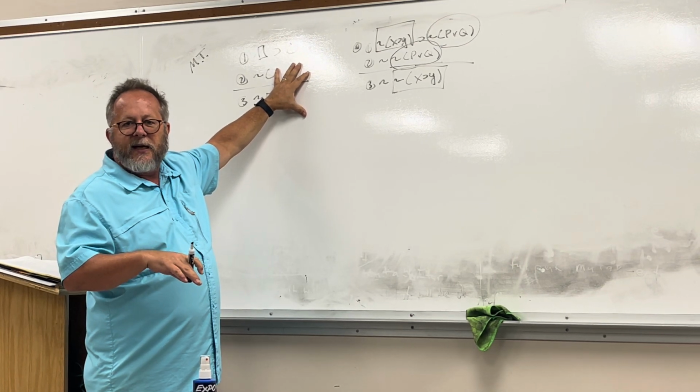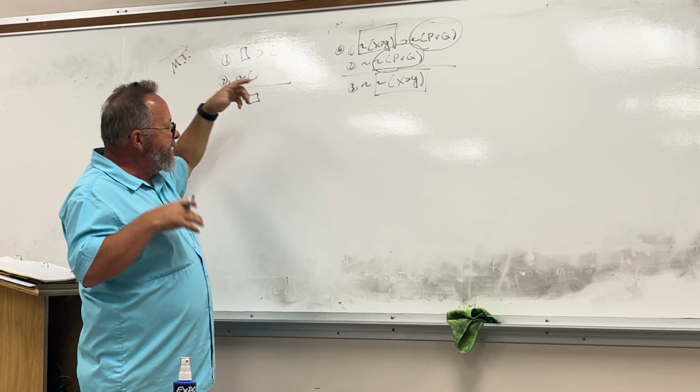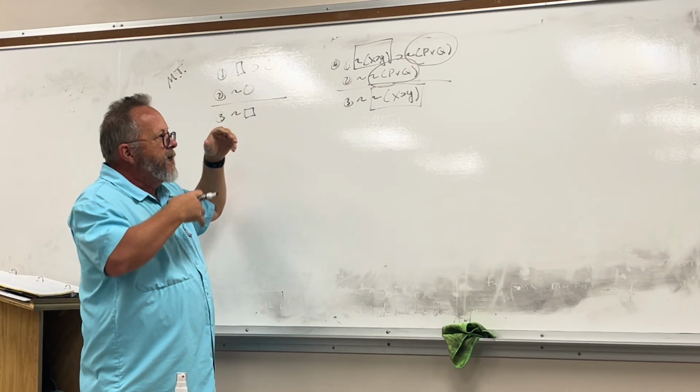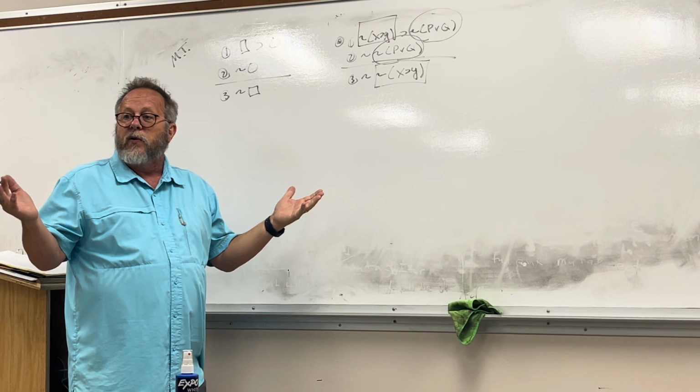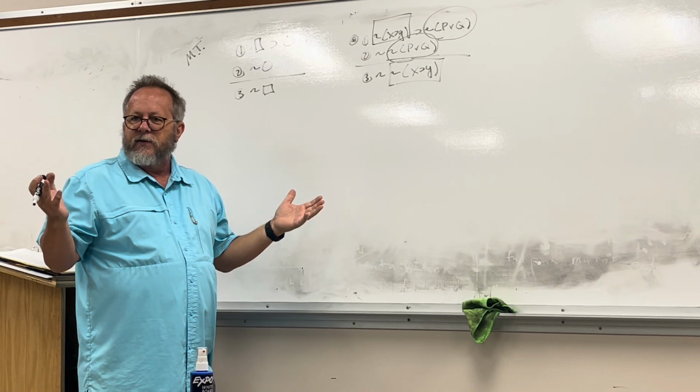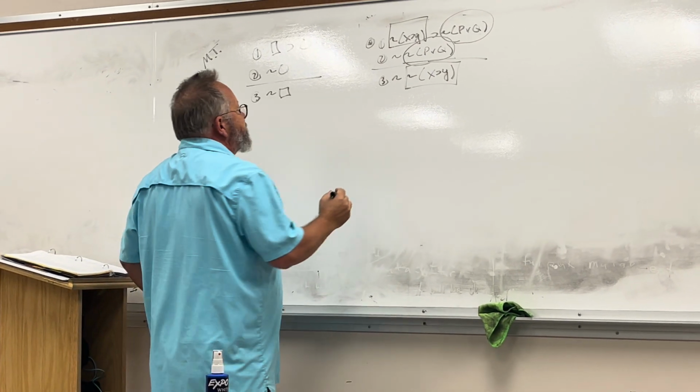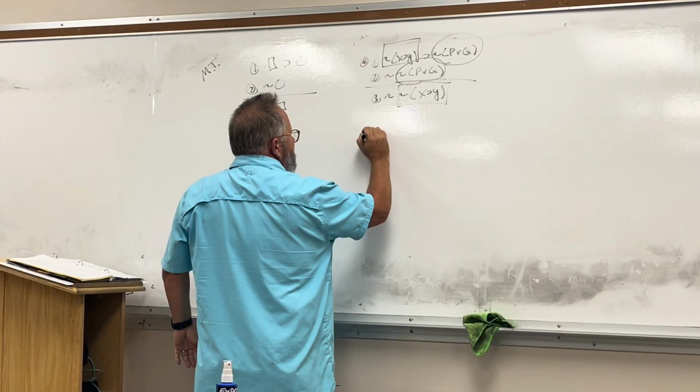Does everybody understand that? So we need to be able to abstract these argument forms and say, oh yeah, that's an instance of one of those, therefore it's valid. Everybody understand that? Okay. So let's try B.